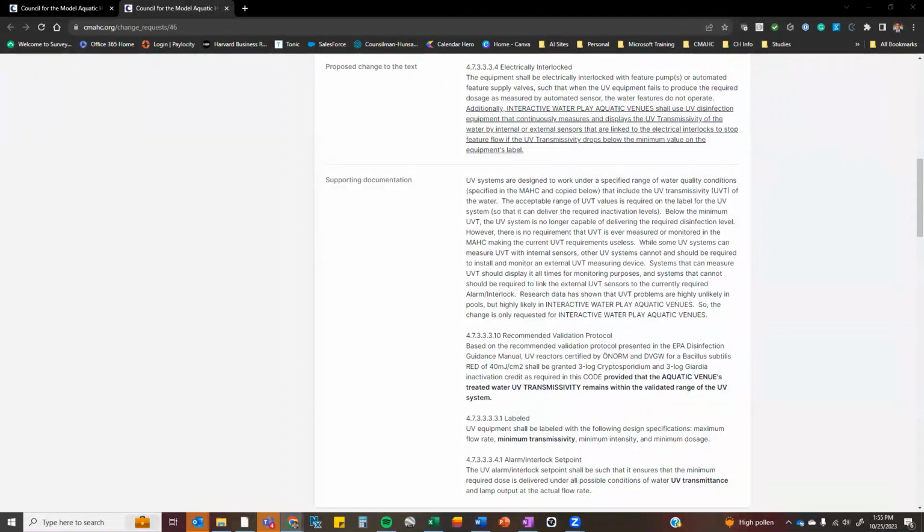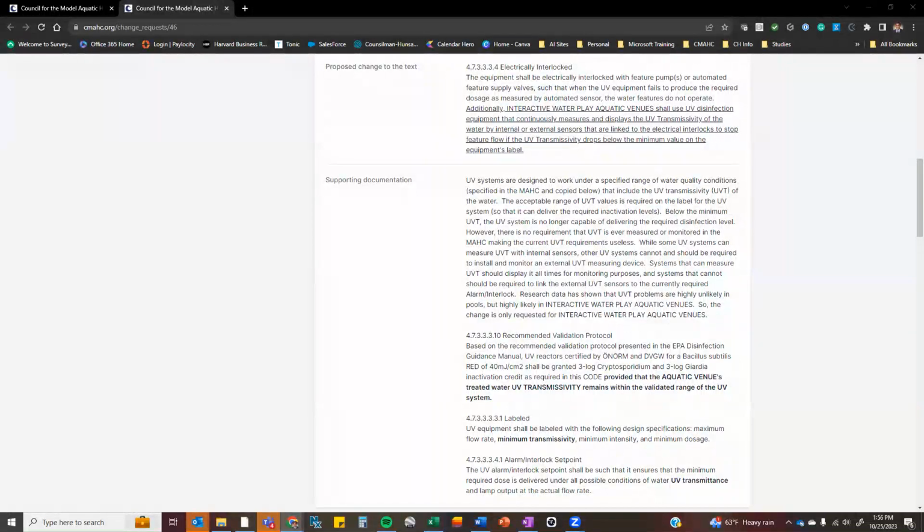So I have another question for you. The objective, I think originally was, as Miklos said, if it doesn't meet the required dosage, the interlocks kick in and shut down the feature pumps. If we add this additional language and you have an oversized unit, which a lot of the bigger water parks will do, even if it dips below the minimum value on the equipment's label, it still may be able to meet the objective of the dosing requirement.